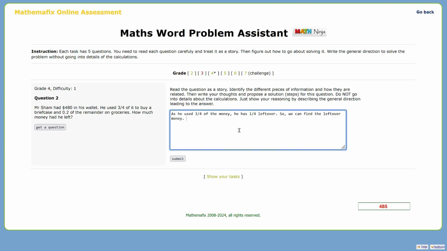So he used 0.2 of the leftover. So he will have 0.8 left over after that.